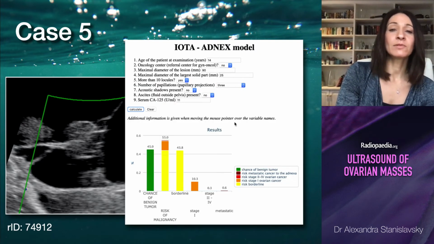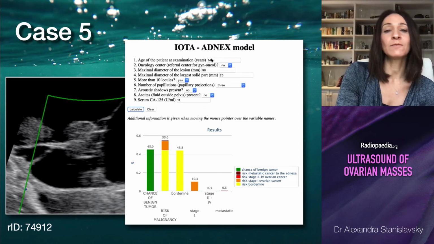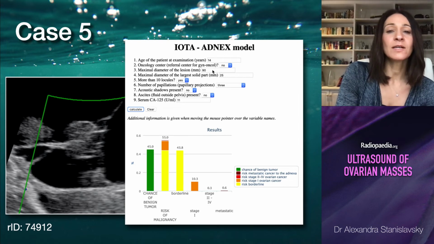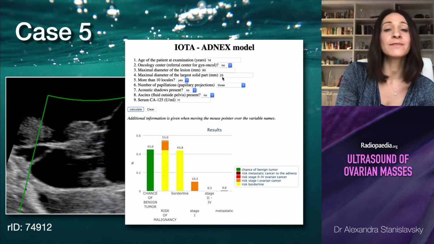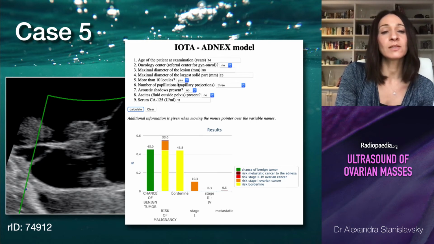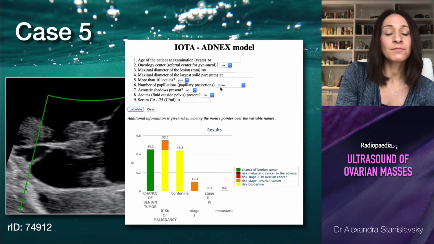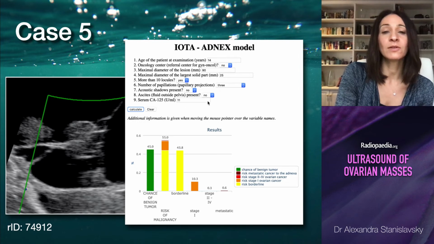The ADNEX model, so it was a 12-year-old patient, but the ADNEX model doesn't go down to 12. So I've put in 14, and a 14-year-old will have really the same risks as a 12-year-old. So 9 centimeter lesion with the maximal one of those papillary projections measuring 2.5 centimeters. Yes, more than 10 locules. There's lots of small loculations around there. 3 papillary projections, no acoustic shadows and no ascites.